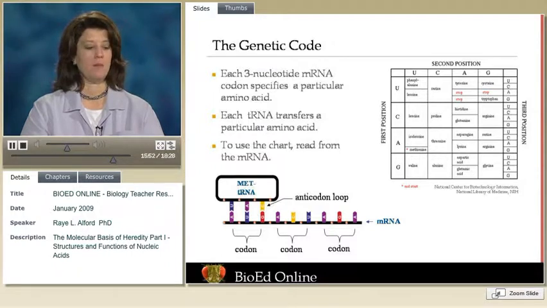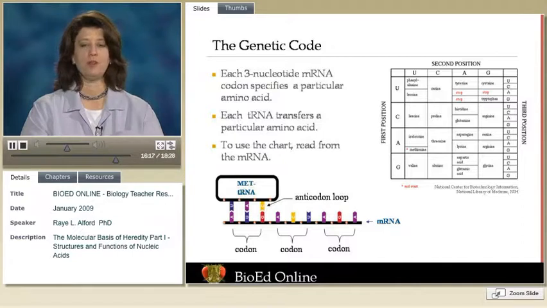Note in the diagram on the left how the anticodon loop of the tRNA molecule is complementary to the 3 nucleotide codon of the messenger RNA. This particular transfer RNA carries a methionine, typically the start or initial codon of a eukaryotic protein. The complementarity of codon and anticodon ensures proper amino acid incorporation into growing protein molecules.